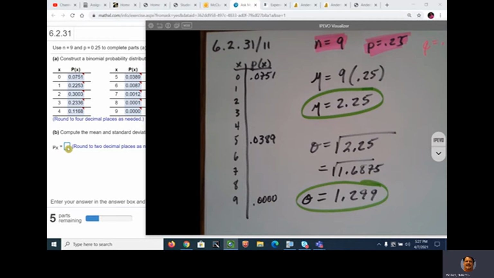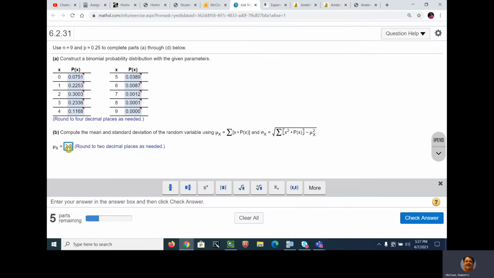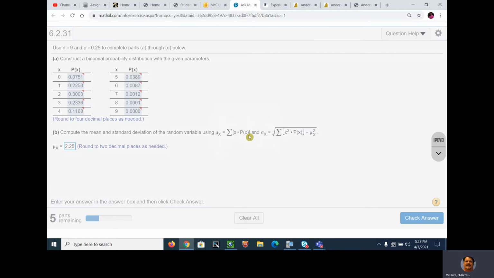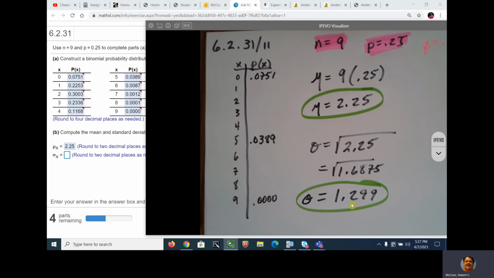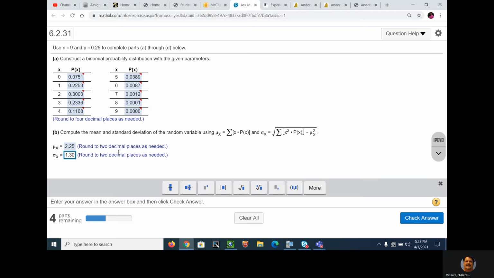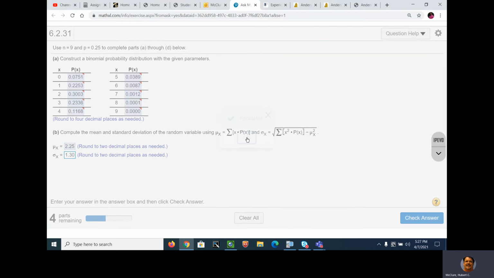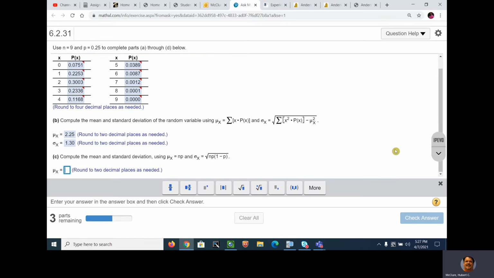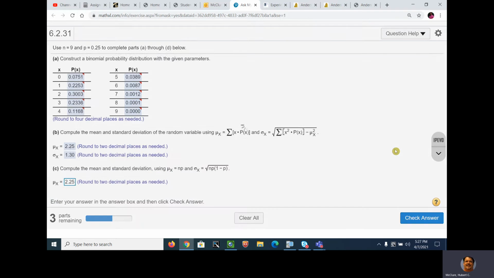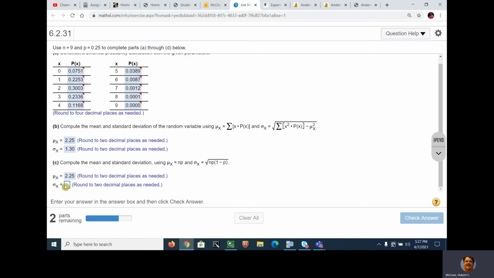Mu is equal to 2.25. And standard deviation is equal to 1.30. And the same thing, it's the same thing, 2.25 and 1.30.